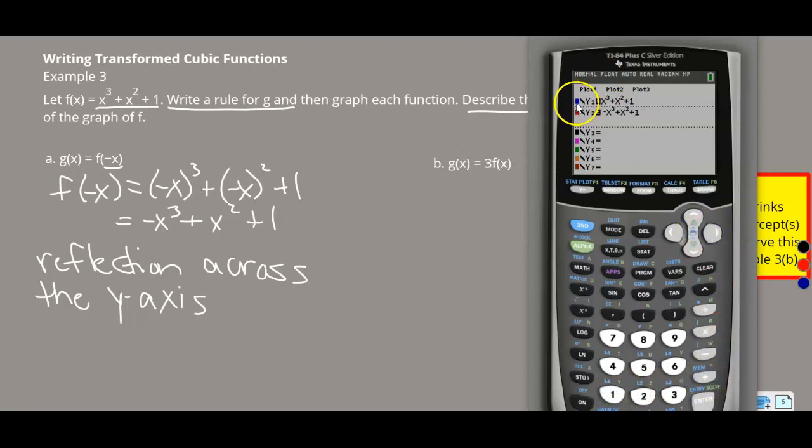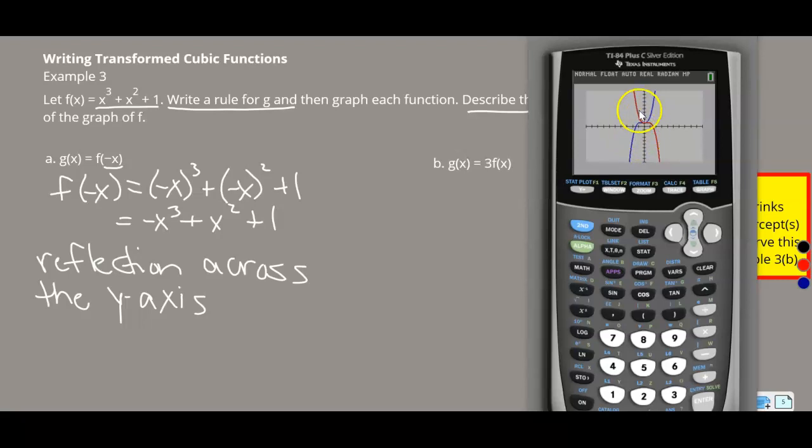All right, so you can see the blue is f of x. The red here is going to be g of x, or the transformation. So blue, f of x. The red is g of x. You can see it is a reflection across the y-axis.